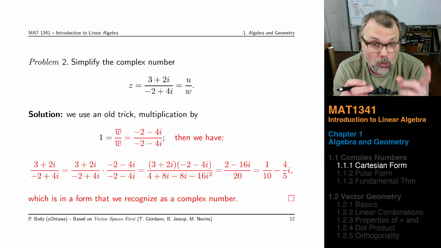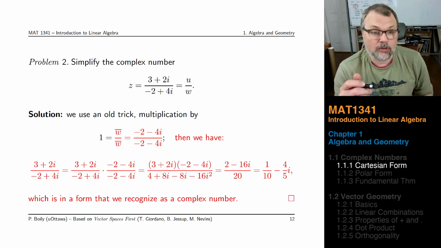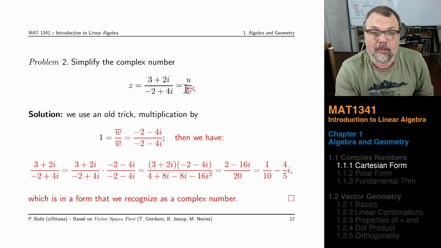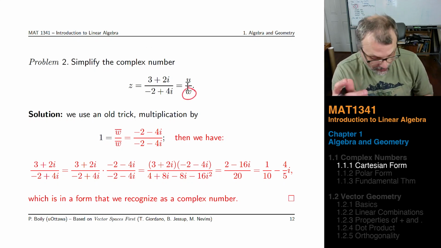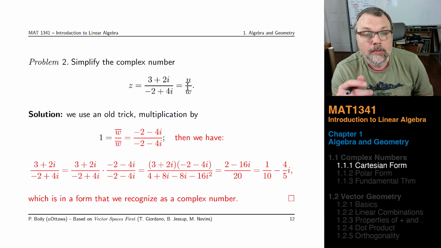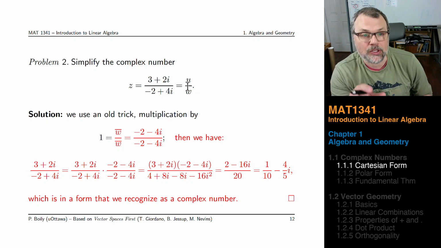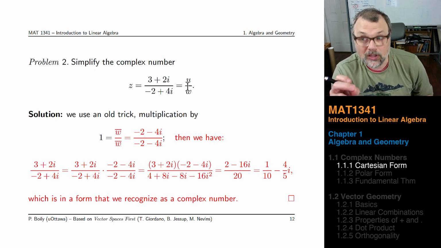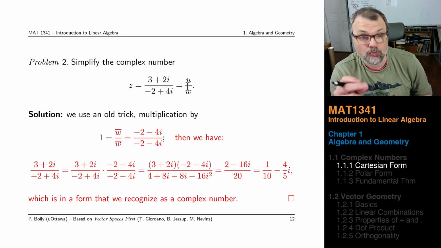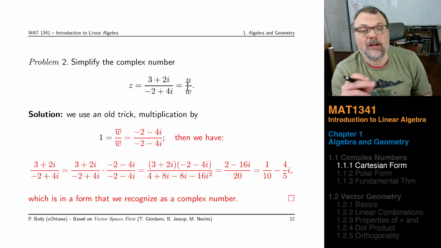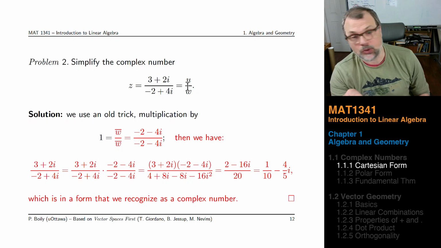Now, we're going to write 1 as w bar divided by w bar, where w is actually the denominator here, the thing we're trying to divide by. Now, in this case specifically, w is minus 2 plus 4i, so the conjugate of that would be minus 2 minus 4i. And so I write 1 as minus 2 minus 4i divided by minus 2 minus 4i.